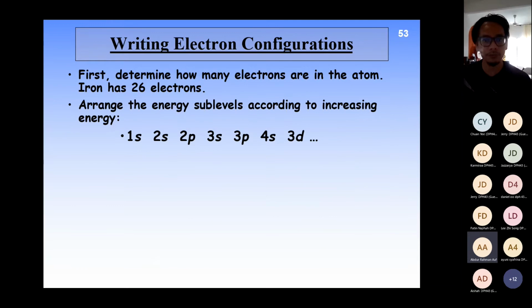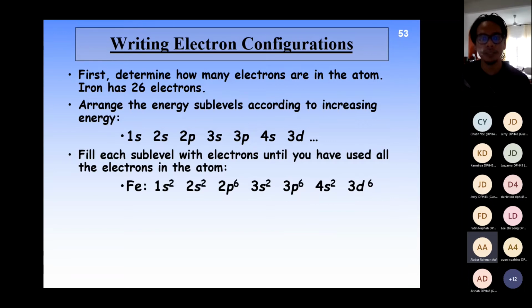Untuk tulis electron configuration, kalau ikut susunan Aufbau principle, this is the arrangement: 1s, 2s, 2p, 3s, 3p, 4s, and then balik to 3d. So kalau we take iron, the element iron yang ada 26 electron, this is how we write the electron configuration: 1s2, 2s2, 2p6, 3s2, 3p6, 4s2, and 3d6.